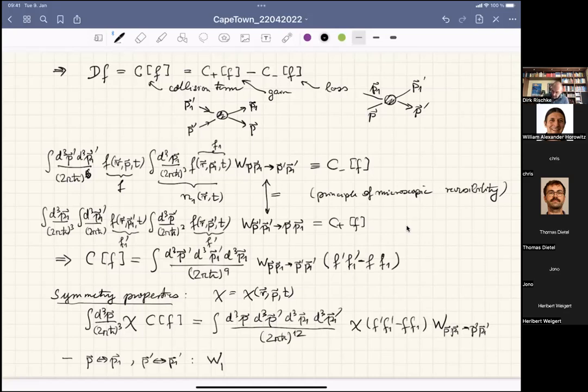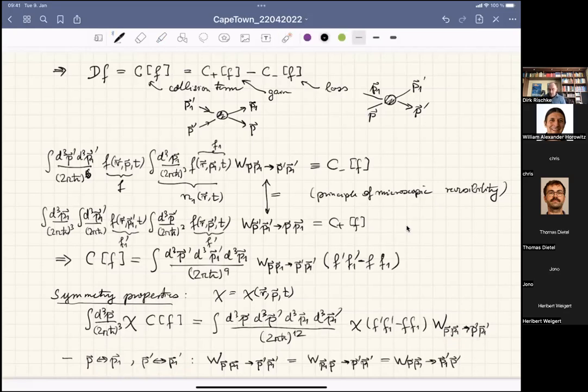So in principle, this transition probability also has a symmetry property. I can exchange the momenta in the incoming channel, and I can also exchange the momenta in the outgoing channel, or I can, of course, change them simultaneously. So this is a pairwise change, incoming change or outgoing change. But it also means that under the simultaneous change of integration variables, this W will always be the same.